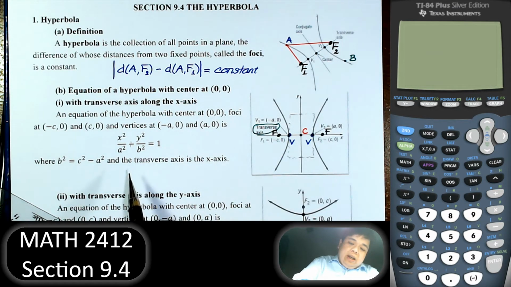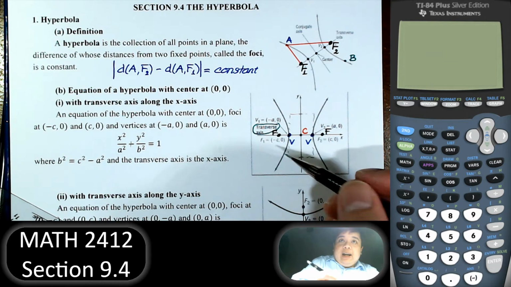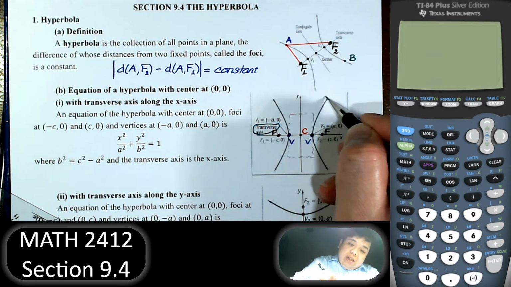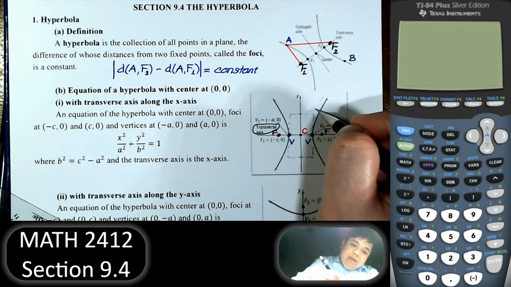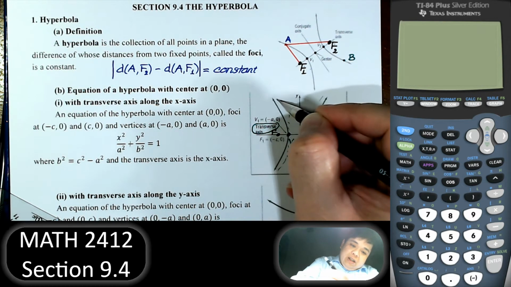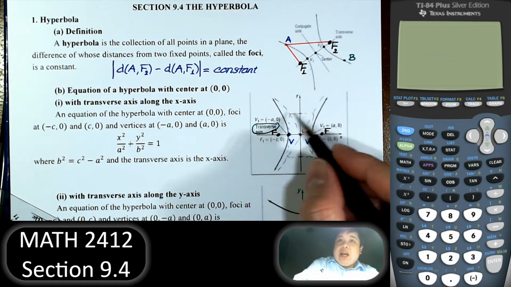If that is the case, we might have the box like this. But the difference from the ellipse is that instead of the ellipse, we will have the asymptotes. So we still have the box just like we have for the ellipse.